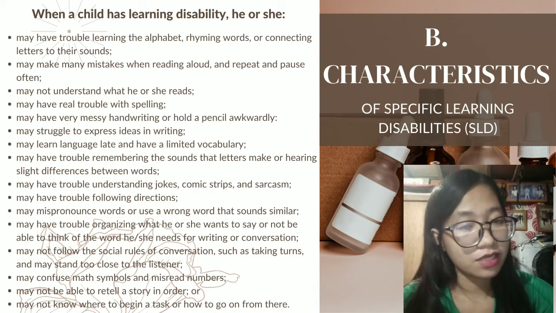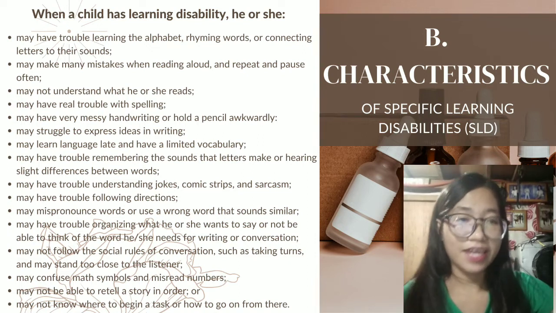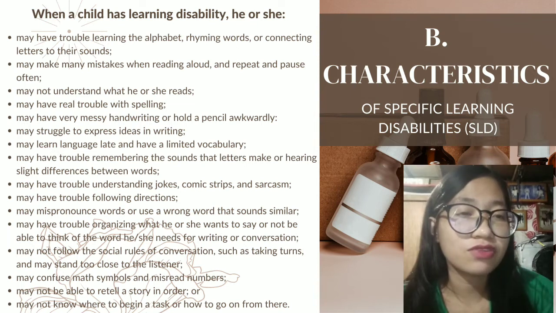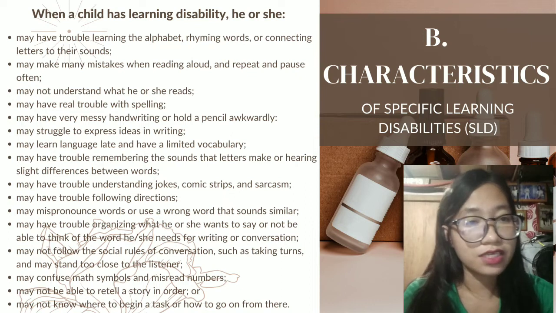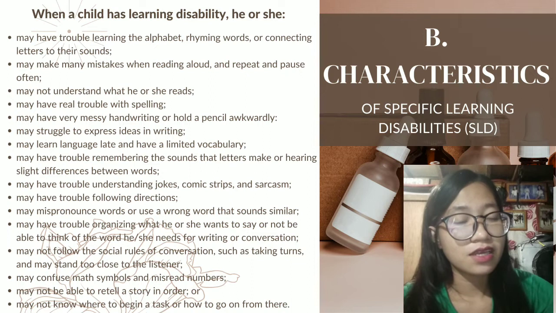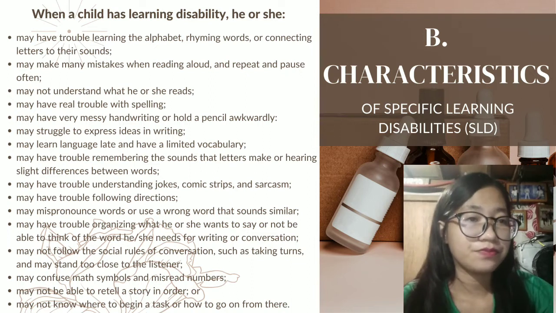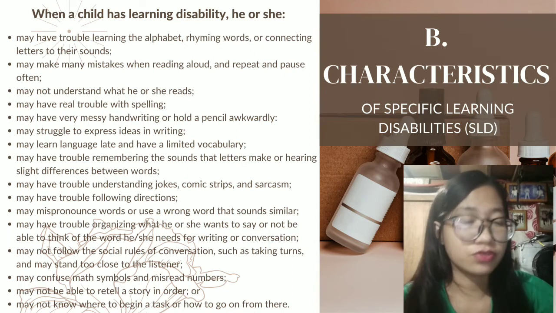So, imbis ang nakabutang kay number 6, then iyang basa ana kay 8. May not be able to retell a story in order. So, the way siya mag-storytelling is dili sakto ang sequence. May not know where to begin a task or how to go on from there. So, if tagaan mo siya task, kay wa siya kay ba kung asa siya magsugod.